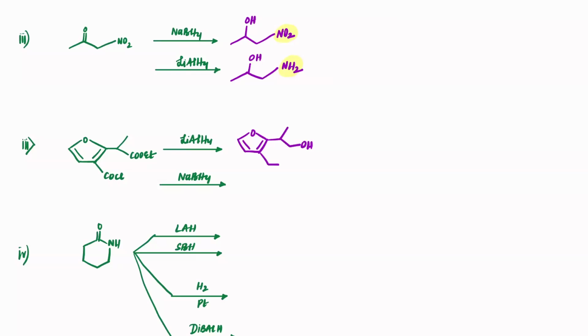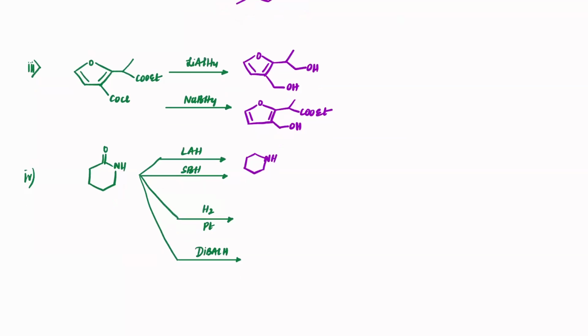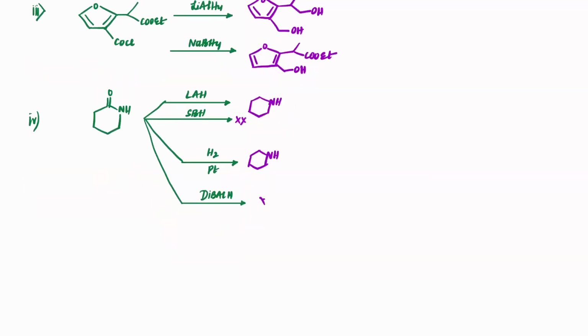With NaBH4 you will get an alcohol here, but the other part does not change; that will remain ester. Next, here lithium aluminum hydride will help in converting this into a secondary cyclic amine, while NaBH4 does not make any reaction. H2 Pt will also make a similar non-reaction, and DIBAL-H again does not make any reaction.